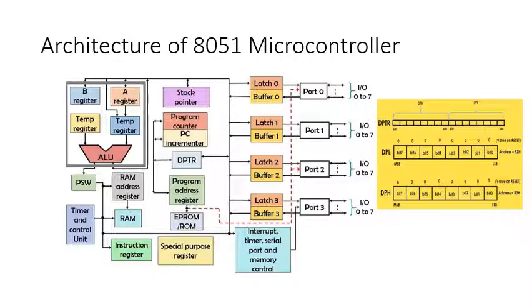Now let us have a look at the program counter, data pointer and stack pointer. Let us begin with the program counter. The program counter is a 2-byte address which tells the 8051 where the next instruction to execute is found in memory.